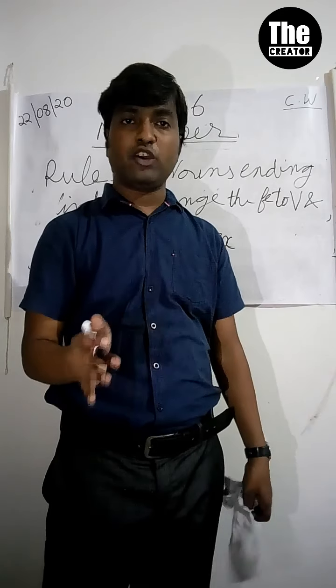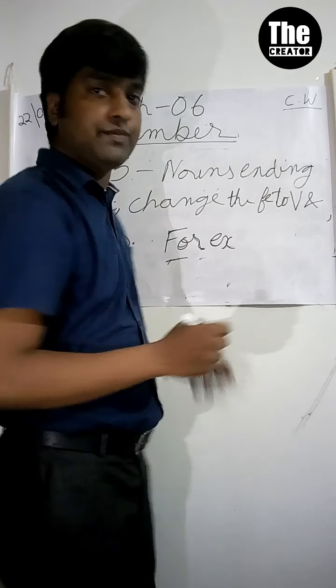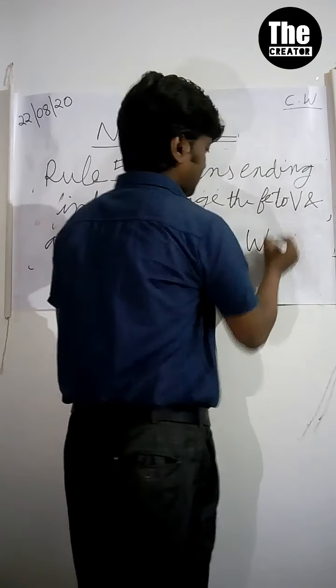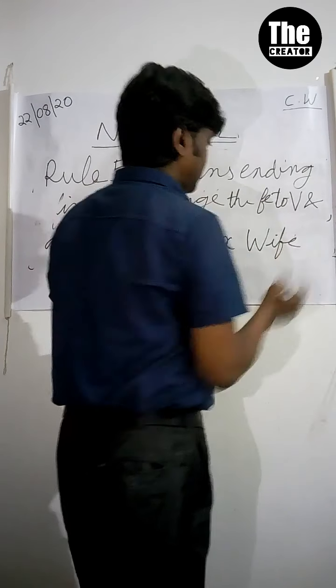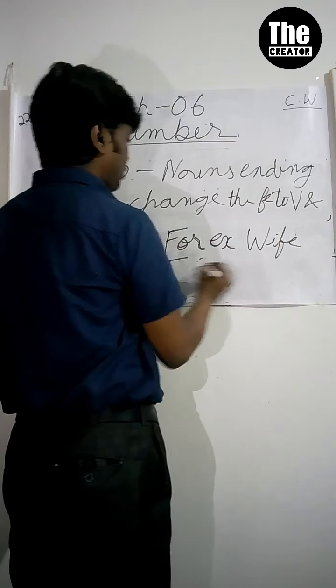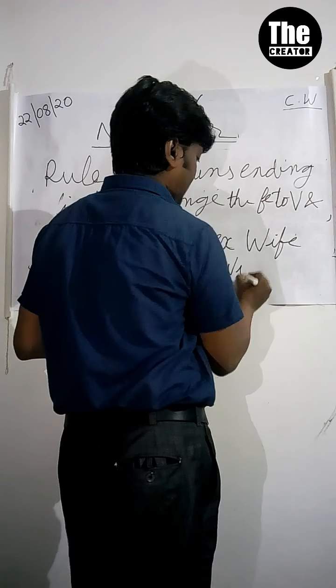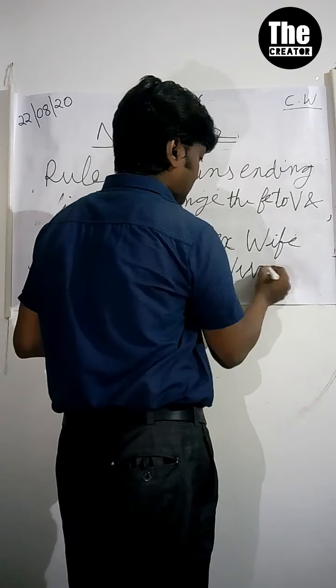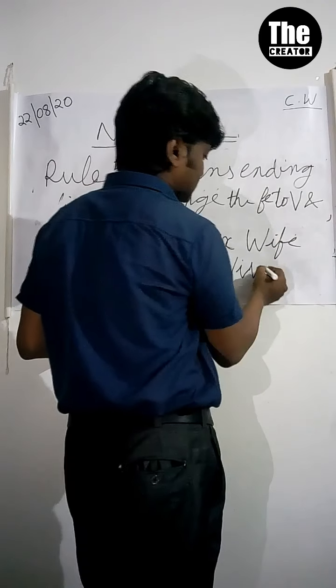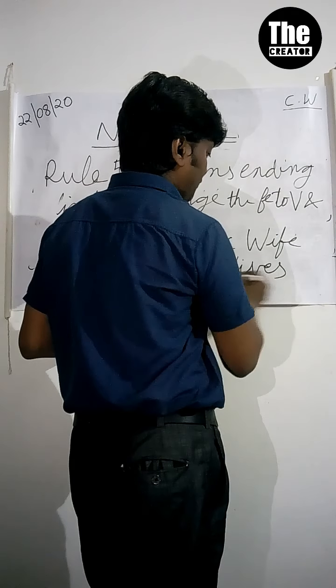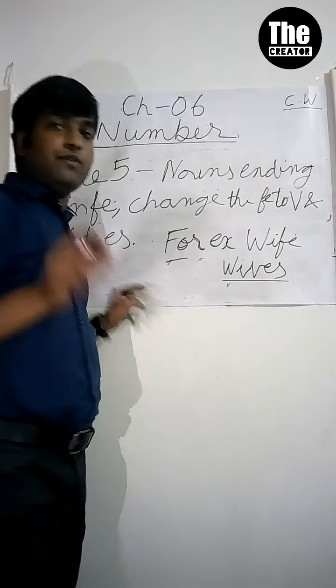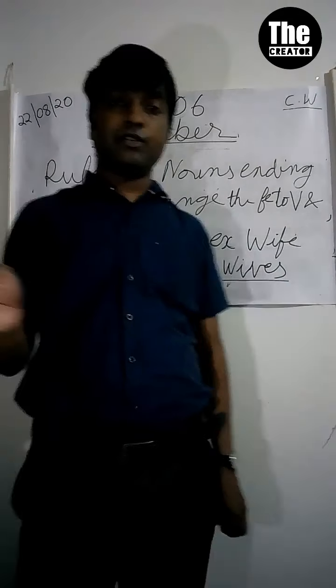For example, if we talk about wife, remove FE, put V, W-I-V, then add ES. It would become wives. Wife becomes wives.